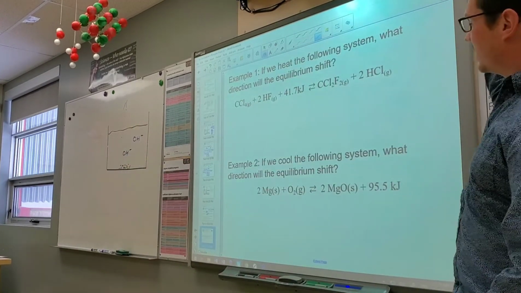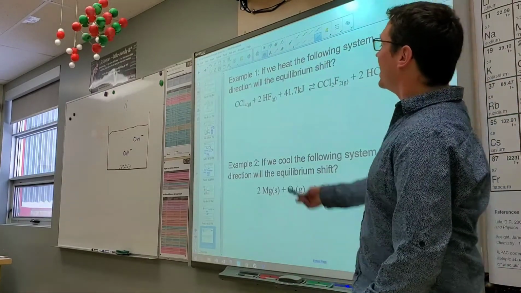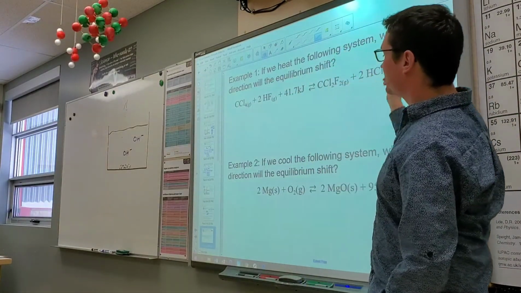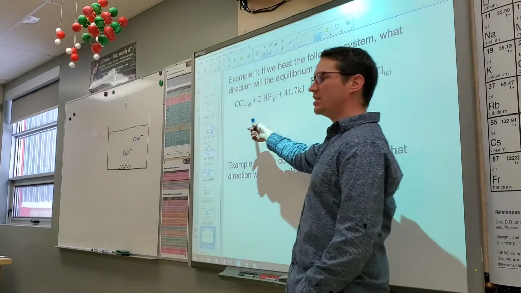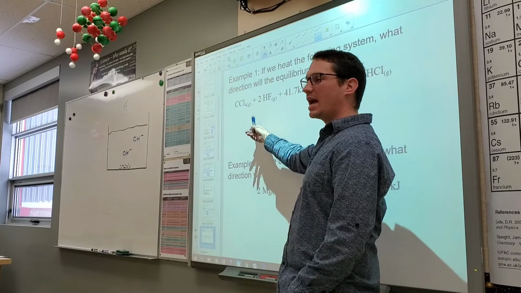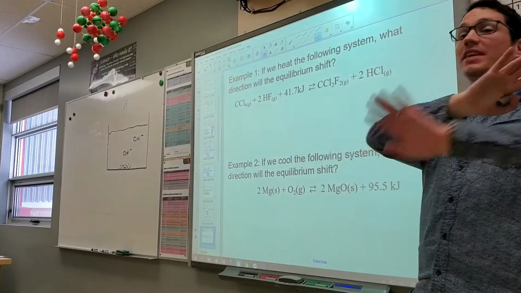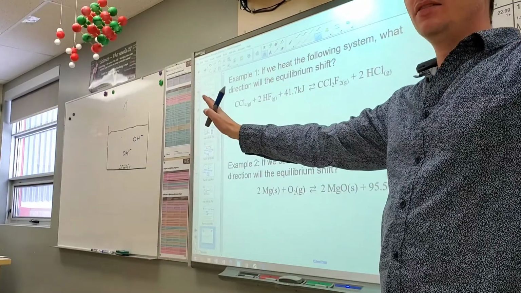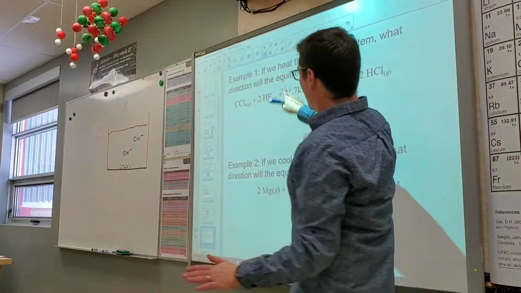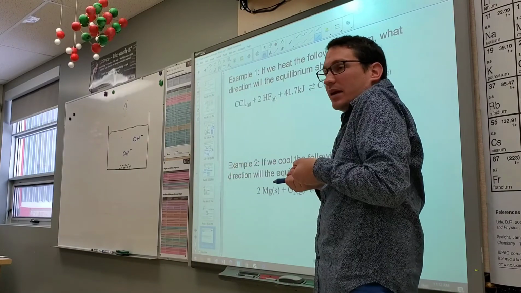Here's a reaction. It's the exact same reaction we've kind of been talking about right now. If we heat the following system, where do you see energy inside this system? Is it a reactant or is it a product? It's a reactant. We can do the exact same thing we just did, okay? If I heat this up, am I adding energy or taking it away?